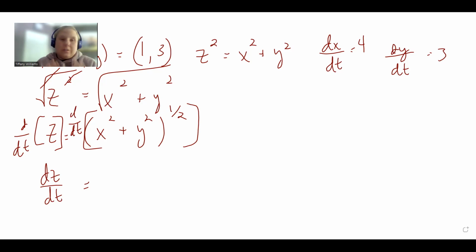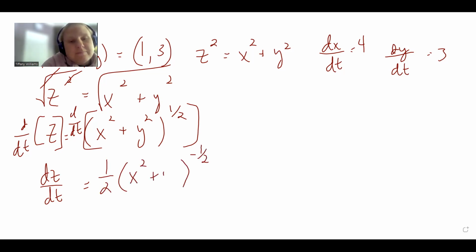So here we go. When I take the derivative of the outside, because remember with chain rule we worked our way outside in, I don't care about the x squared, y squared right now. All I'm going to do is have 1/2, whatever was in parentheses, raised to the negative 1/2. And then I'll fill in what was in the parentheses.